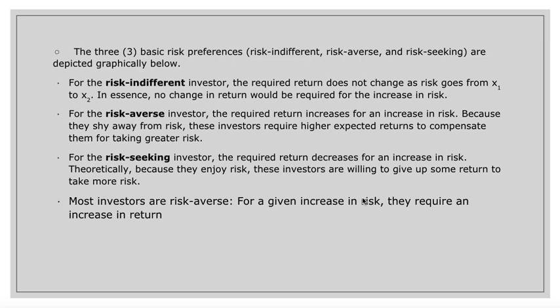This investor is willing to give up some return, it doesn't matter, to take more risk. But overall, most investors are risk averse, meaning that for a given increase in risk, they require an increase in return. This is the normal type, the majority of investors are risk averse.